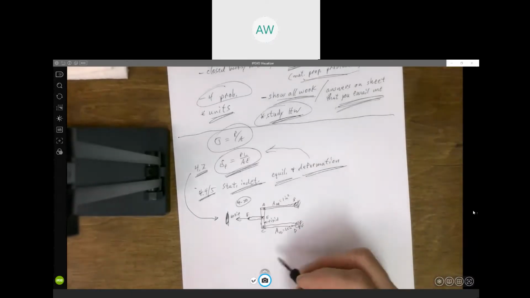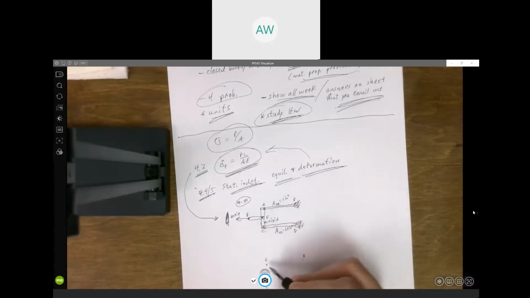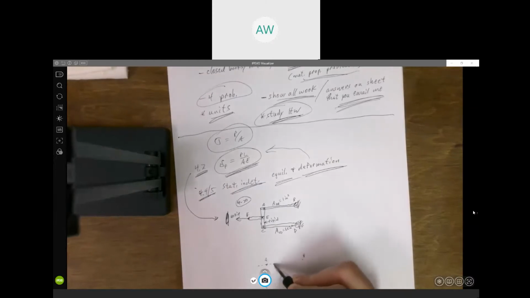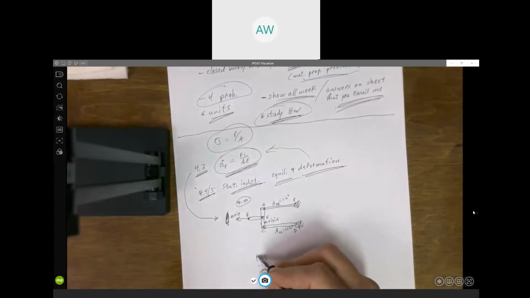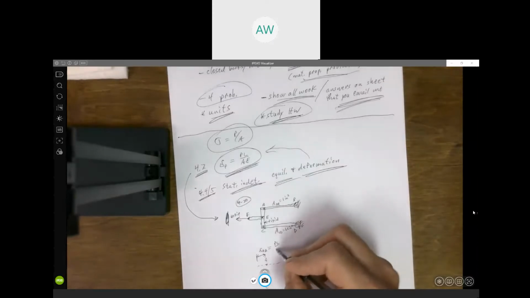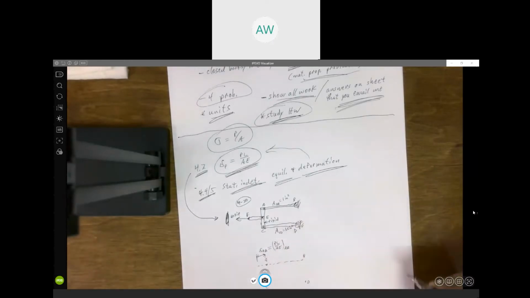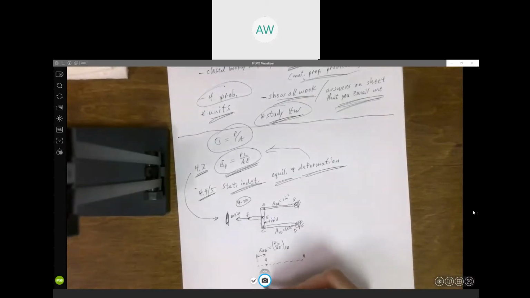So if I draw sort of a, we'll put my points here, A, C, D, and D. All right, so AB is going to stretch some. AB is going to stretch out here some distance. We'll call it delta AB, which is going to be PL over AE for that one. That's how far AB is going to stretch. CD is not going to stretch as far. It's bigger, right? But it is going to stretch.